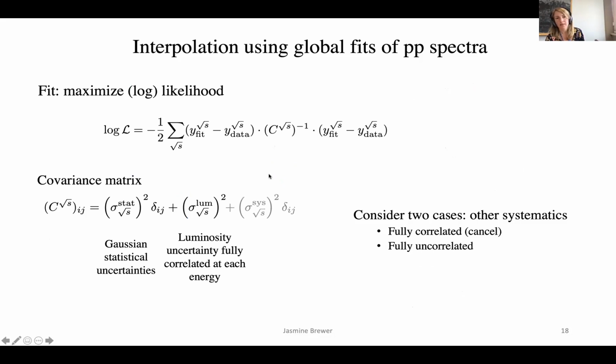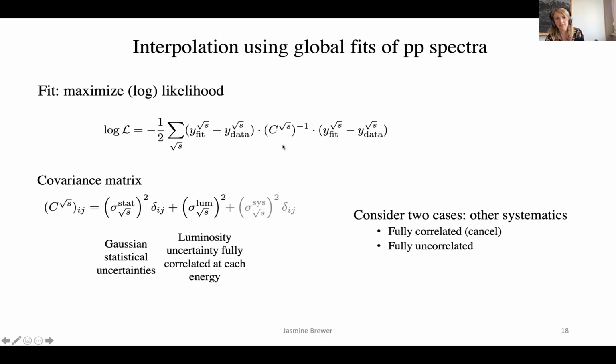And the idea is quite simple. For all of the different energies, the likelihood function is essentially just described as the difference between the fit and the data with a covariance matrix, and again, the difference between the fit and the data.